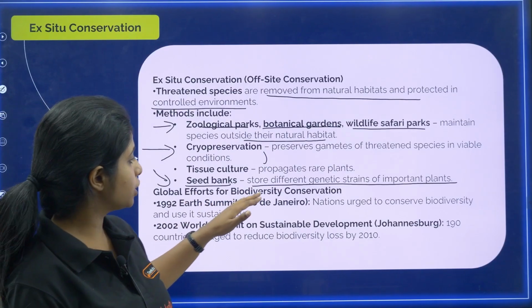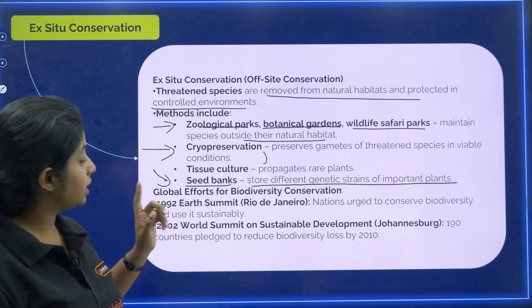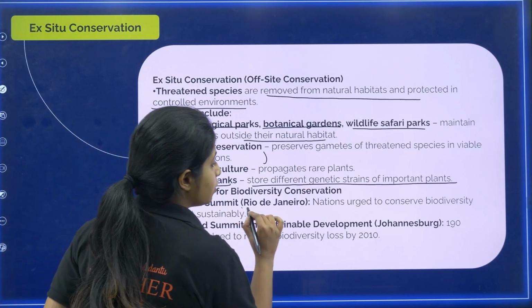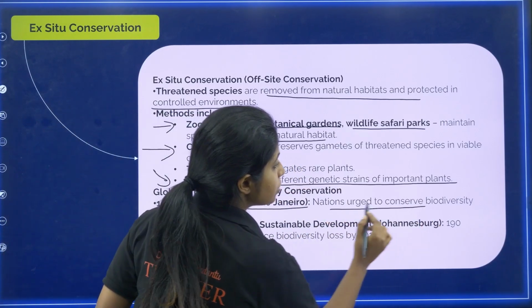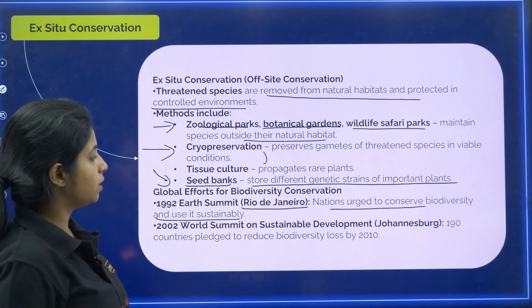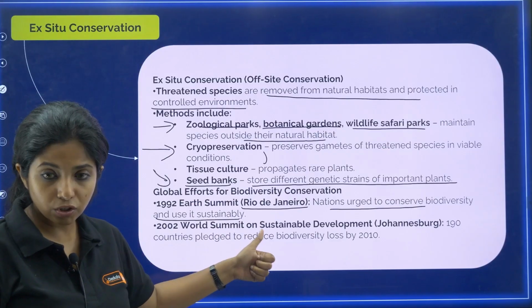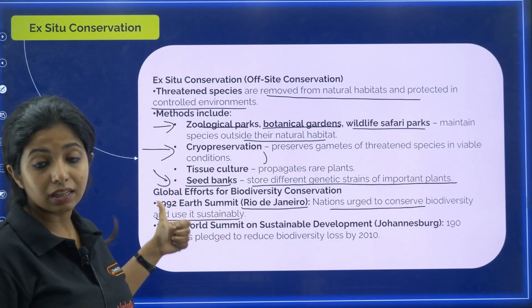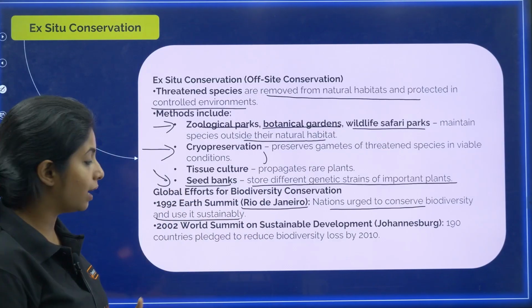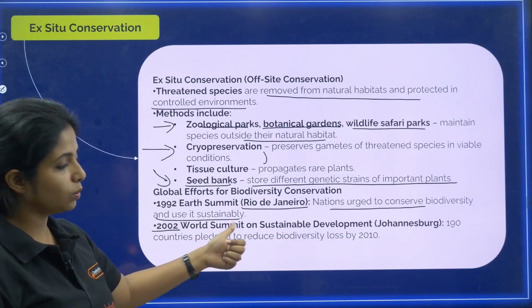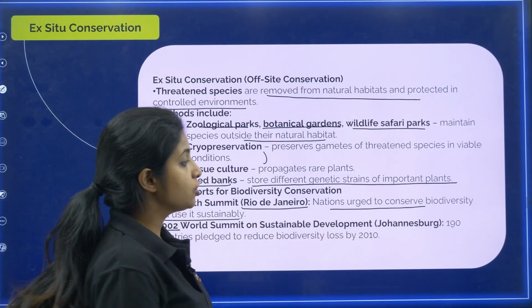Now, global efforts for biodiversity conservation were done. In 1992, the Earth Summit was done in Rio de Janeiro. Nations were urged to conserve biodiversity and use it sustainably. Then followed by that, in 2002 the World Summit on Sustainable Development was done in Johannesburg.